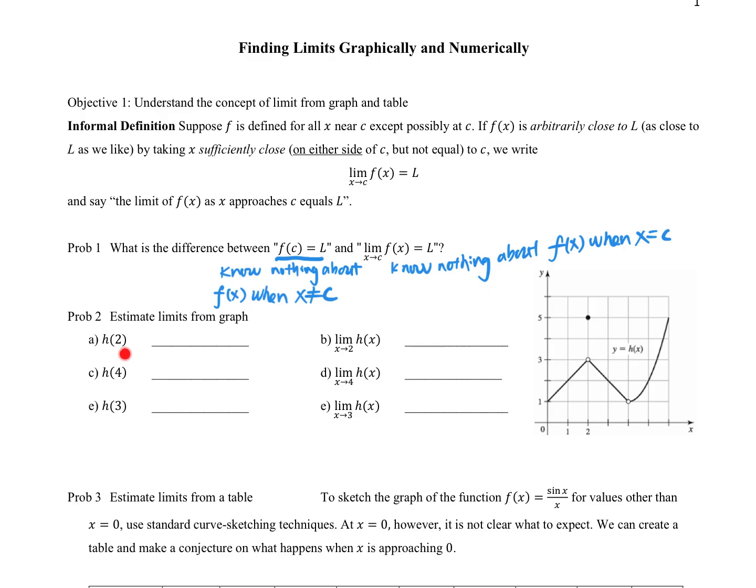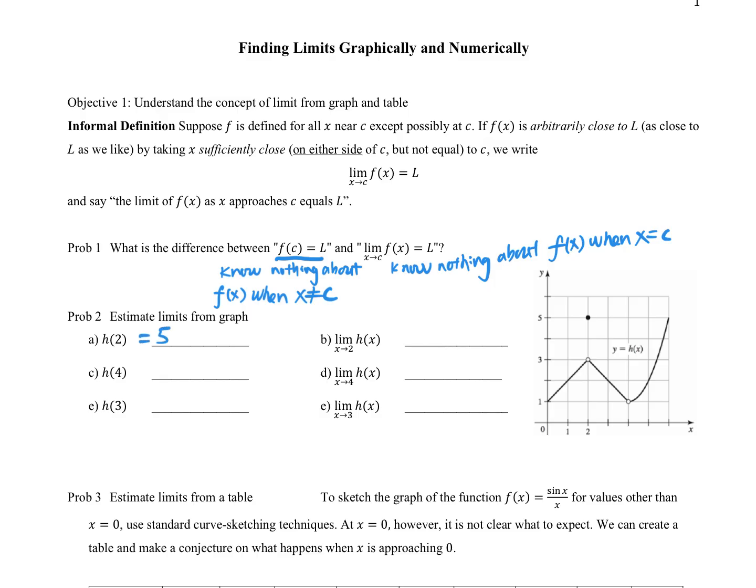Any time that you feel like you want to give it a try first, please pause the video and think about it. So h of 2 means what's the function value, what's the y value when x is 2? When x is 2, this little dot means the function h attains that value, which is 5. So we're going to write this is equal to 5.